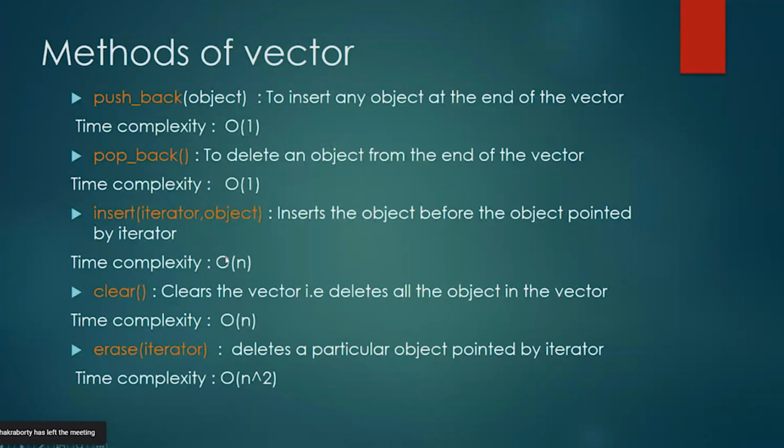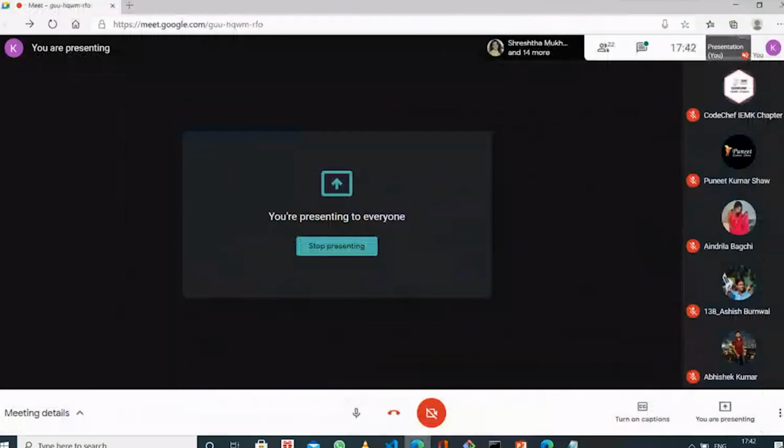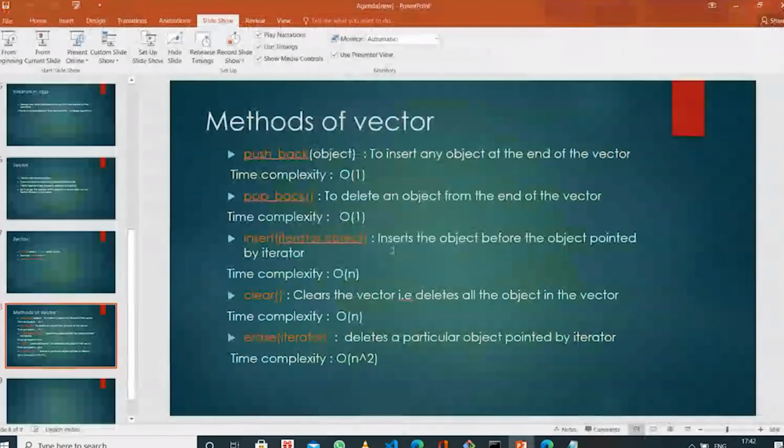Can anyone tell why its complexity is big O of n? Anyone? It's because in the insert function, if you want to add an object in the desired position, you have to shift all the objects succeeding it one index further.